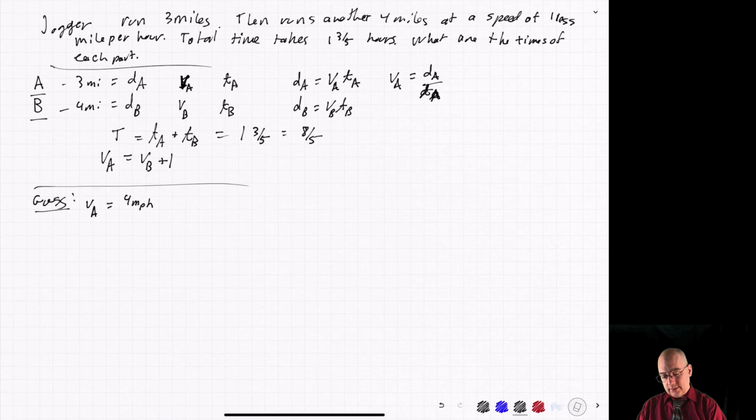And then the time would be the distance, 3, divided by the velocity, 4.